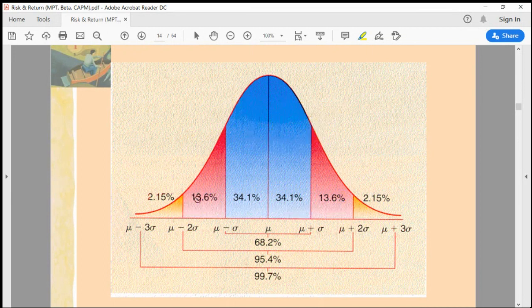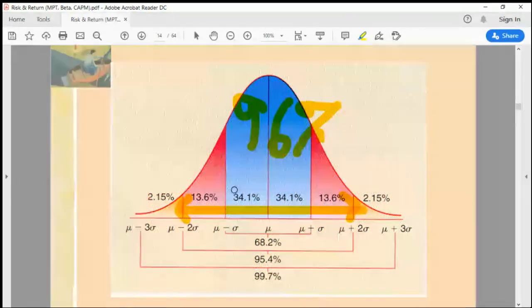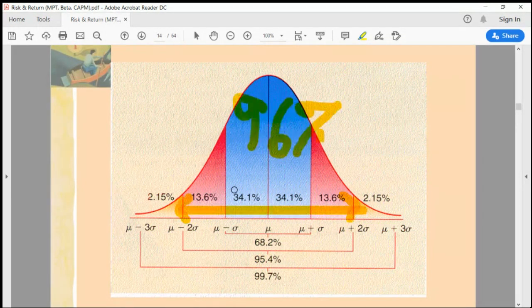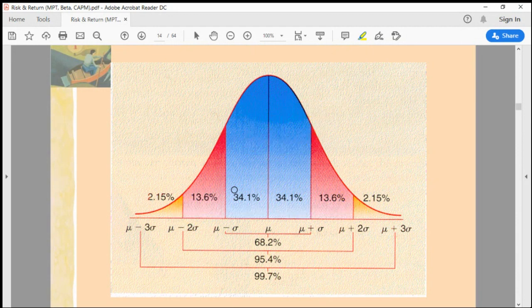96%, right? So if you pick anybody out of 100, it doesn't have to be 100, just to make it simple. Suppose this height statistic is from a very large population.